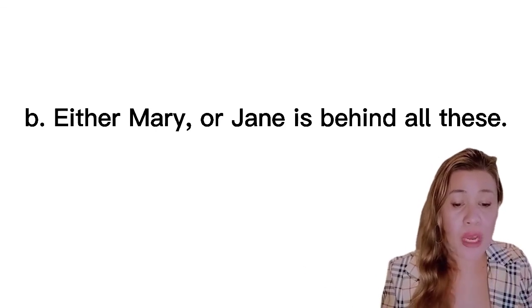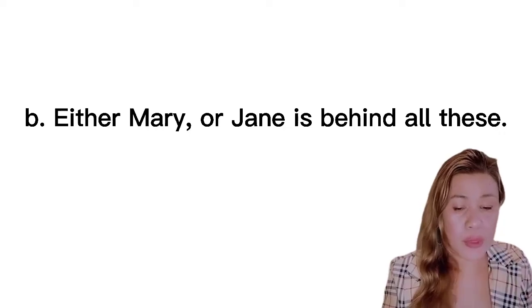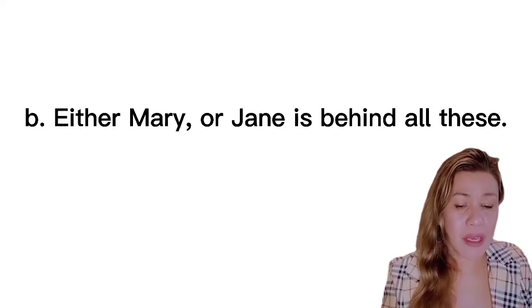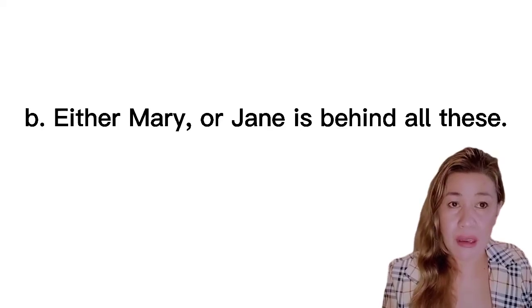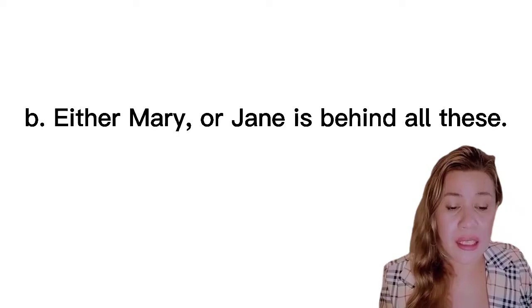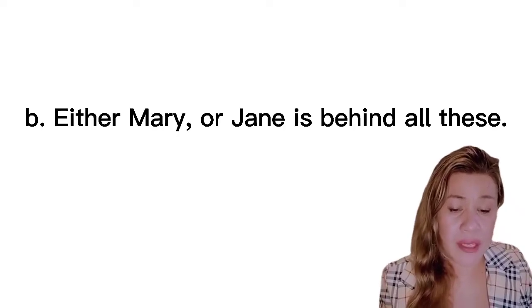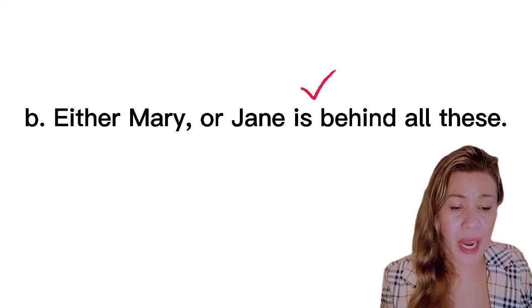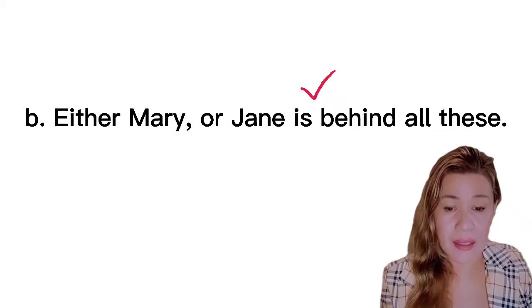So even if we have two subjects here, Mary and Jane, since they are connected by either or, they are taken singularly, and therefore they will need a singular verb. That's why we have is as our verb. So either Mary or Jane is behind all these.